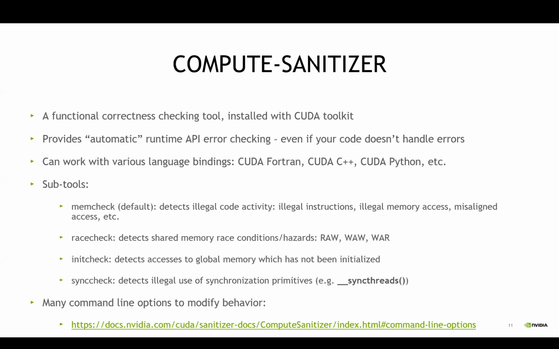If you're at an IT help desk, or in HPC development engineering helping other people with their codes, and they may have been sloppy when they wrote their code, tell them to run it under Compute Sanitizer. Even if they were sloppy with their API error checking, if they have any problems at all, synchronous or asynchronous, kernel launch or CUDA runtime API calls, Compute Sanitizer will report every single one of those. That's a useful feature all by itself. But of course, it does a lot more than that.